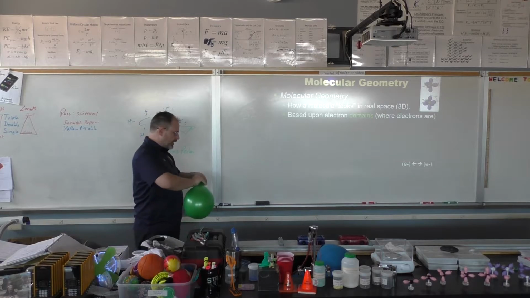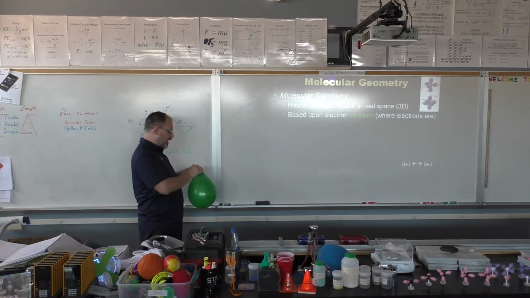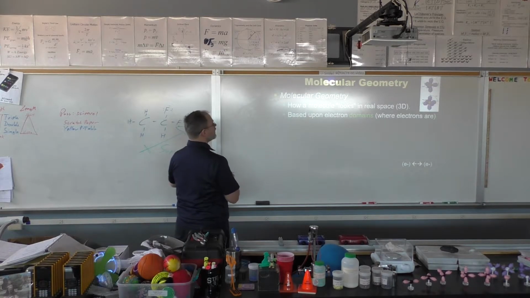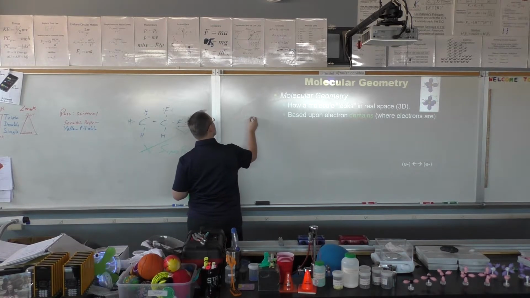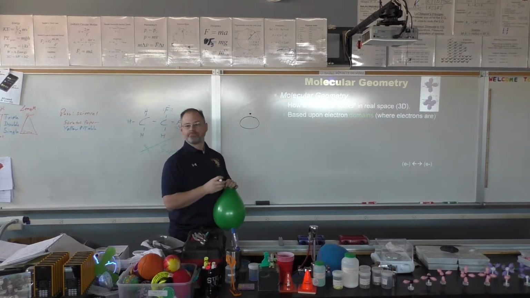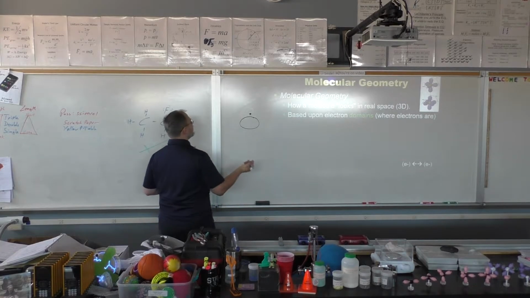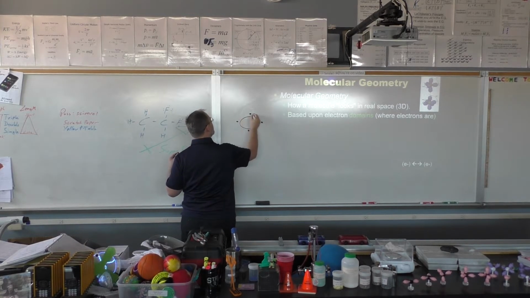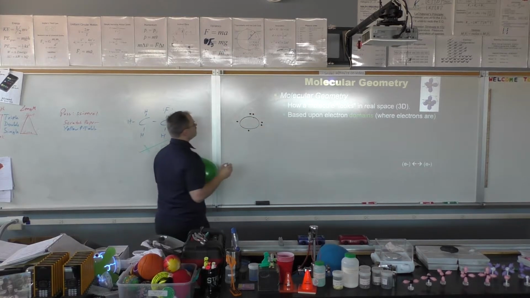All right, so let's draw water, because water is an excellent example of a molecule that's very simple and it's very easy to see its domains. So water has a central oxygen, and how many dots go around oxygen? 6. It's in group 16, so 1, 2, 3, 4, 5, 6.